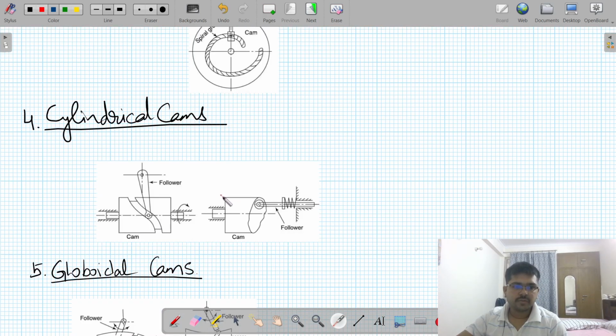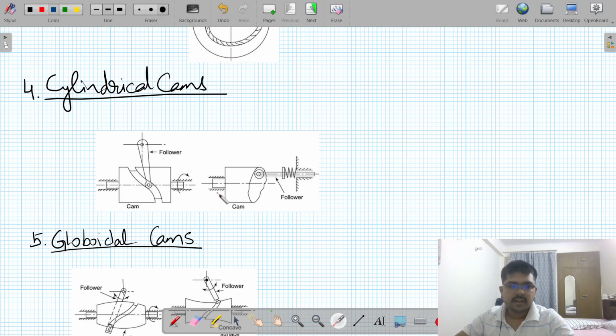Now next come to cylindrical cams. In cylindrical cams we have the shape of a cylinder, with a groove cut on it, in which the follower moves. And this one is also a cylindrical cam on which the follower moves on the surface of the cylinder.